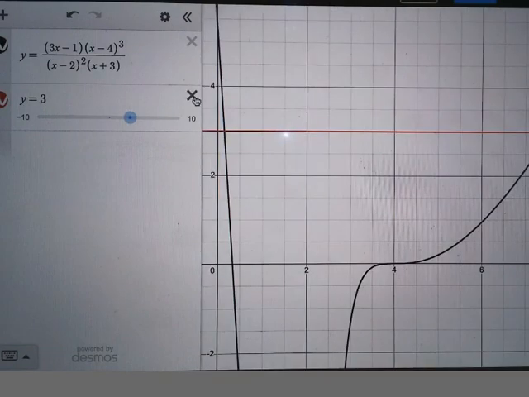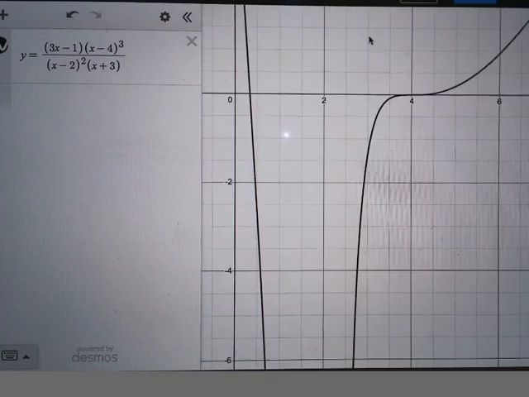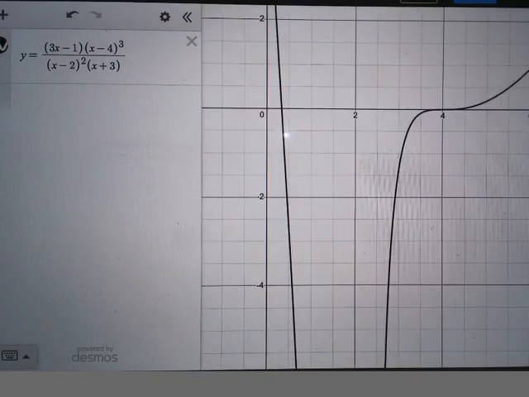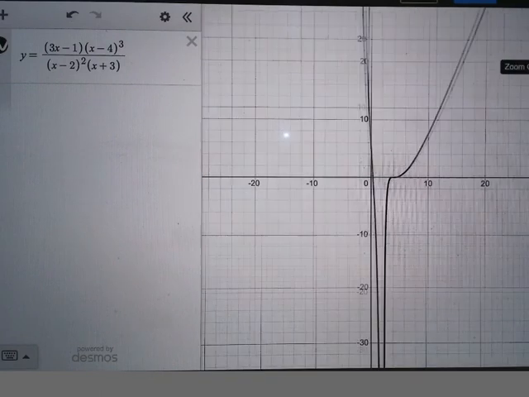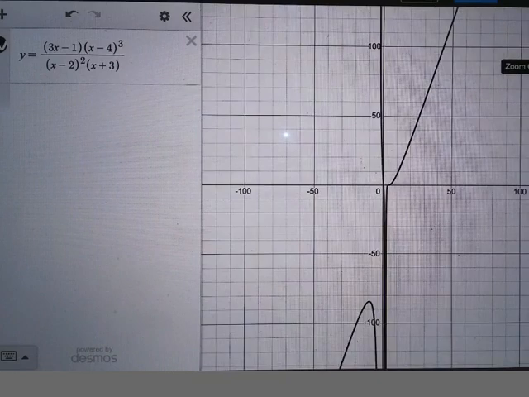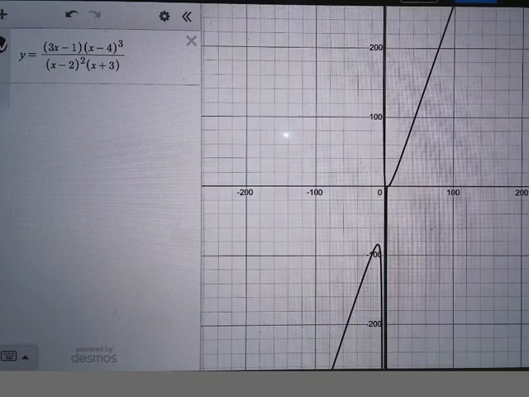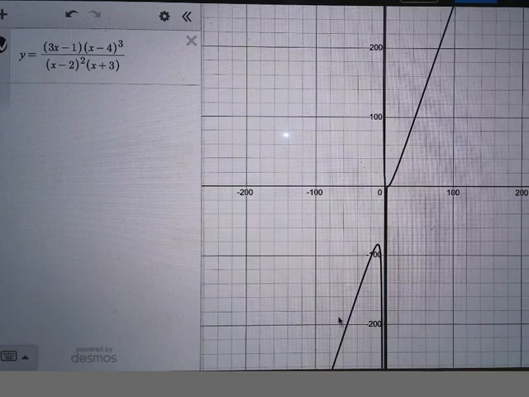And let's get rid of this line and zoom out. And we have it approaching a slanty line. It's called an oblique asymptote.